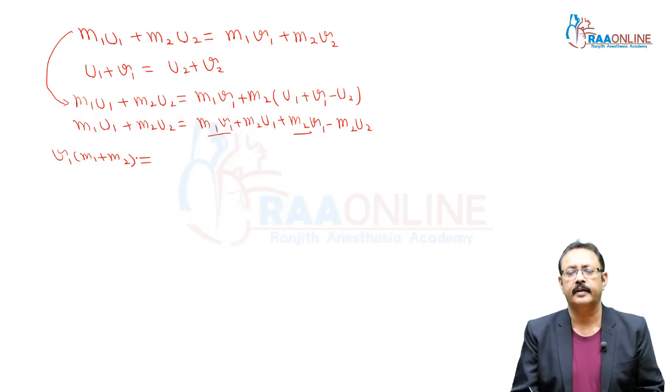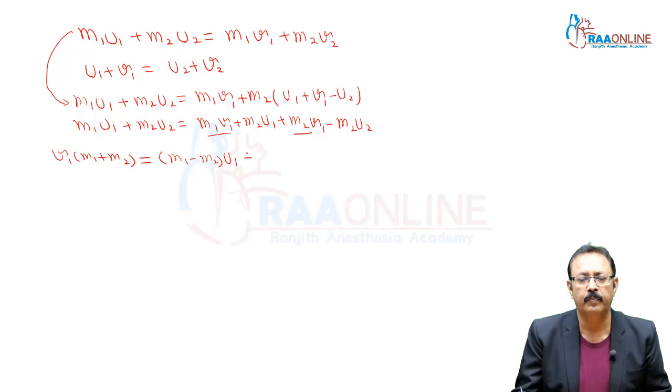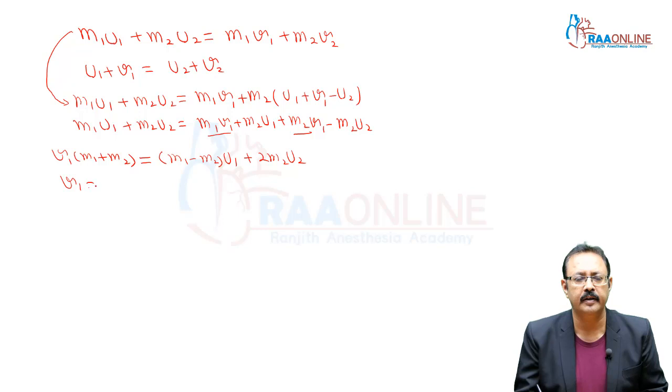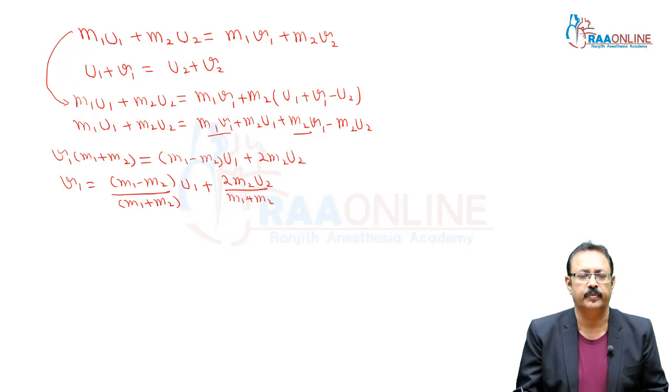On the other side, m1 u1 and this minus m2 u1 means m1 minus m2 u1 plus 2 m2 u2. So what is the value of v1? m1 minus m2 upon m1 plus m2 into u1 plus 2 m2 u2 divided by m1 plus m2.